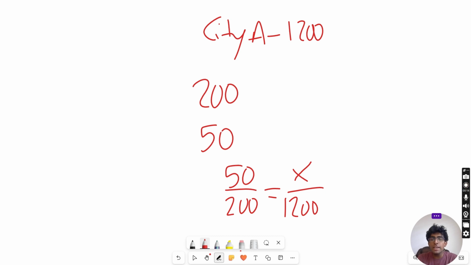To make it easier, I would simplify the fraction first before we cross multiply. 50 over 200 is 1 over 4. And then I'd cross multiply.